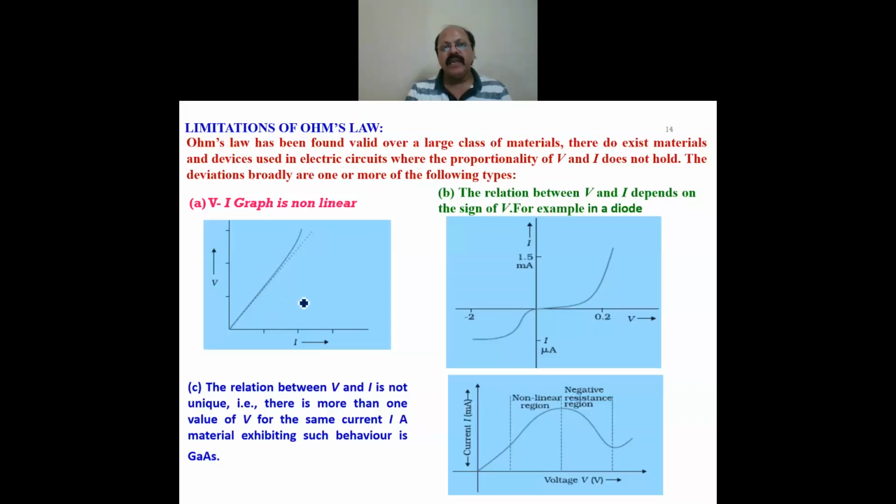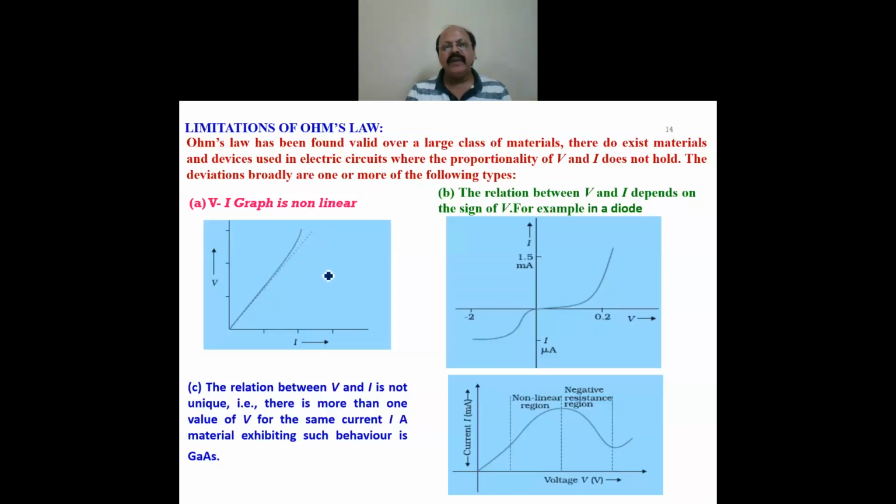But if the current is large, what happens? Thermal energy is generated, the temperature of the conductor rises, as a result of which resistance increases, due to which Ohm's law is not valid. So that's why we are getting a curved line.